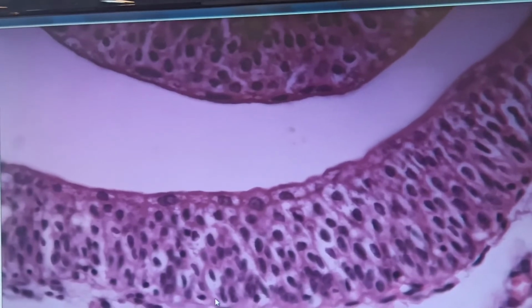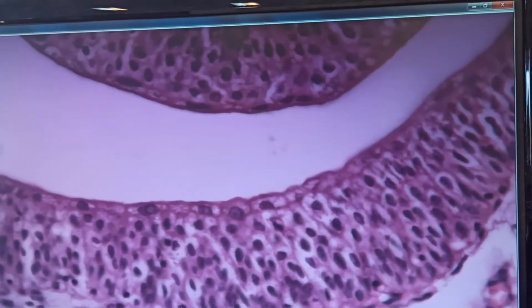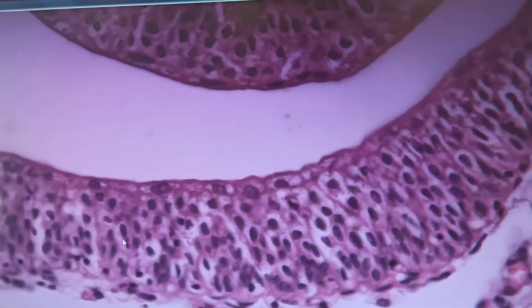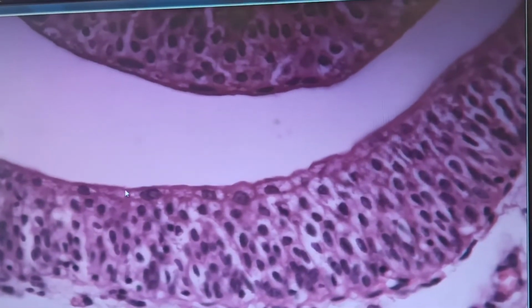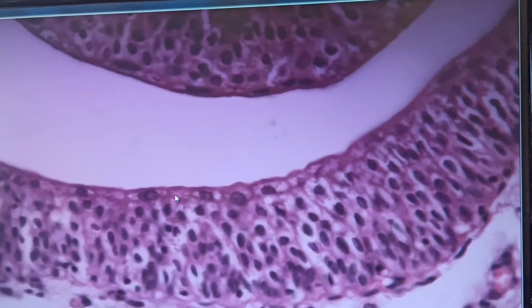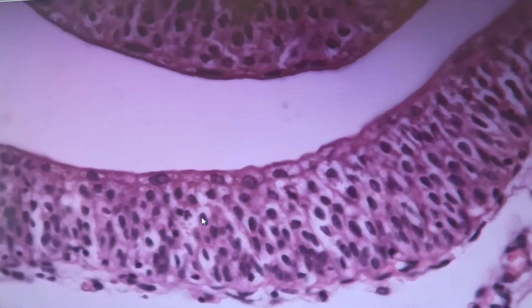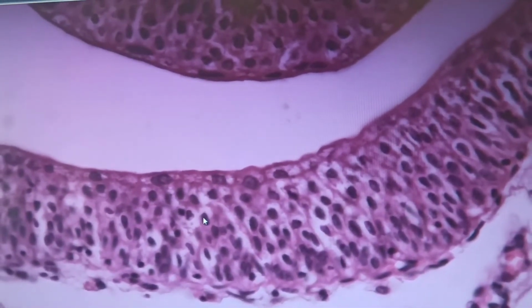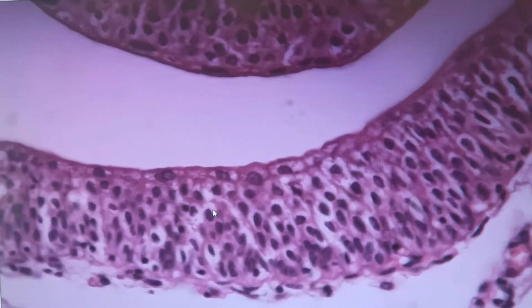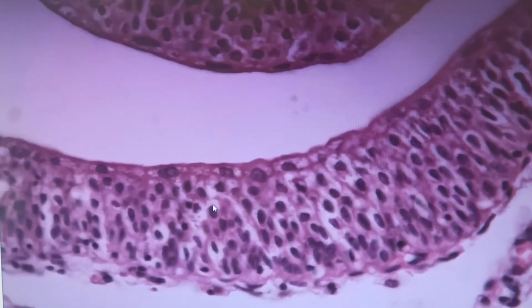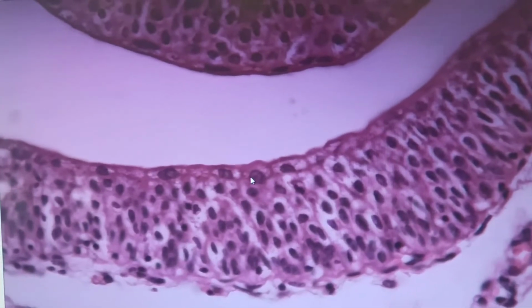We have three types of cells: basal cells, these are basal cells, intermediate cells, and superficial cells or umbrella cells. How can we recognize that this epithelium is not a stratified cuboidal epithelium? Why can we call it transitional epithelium? Because of the umbrella cells.